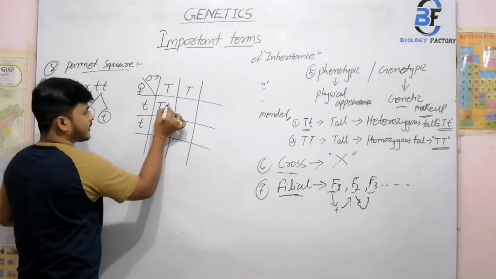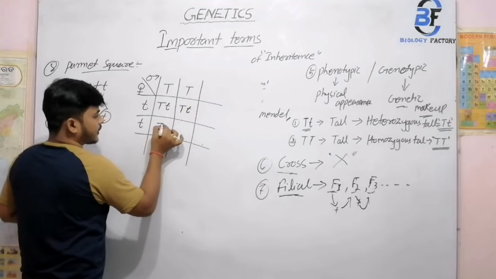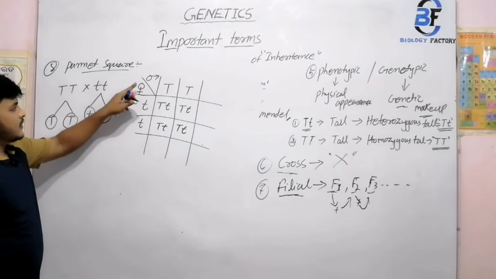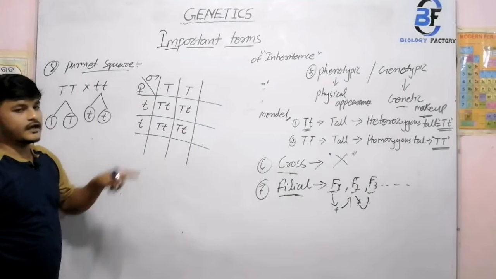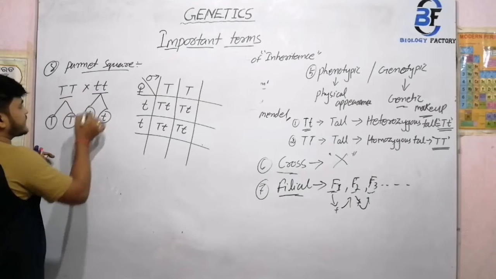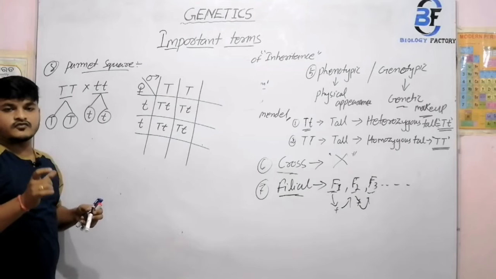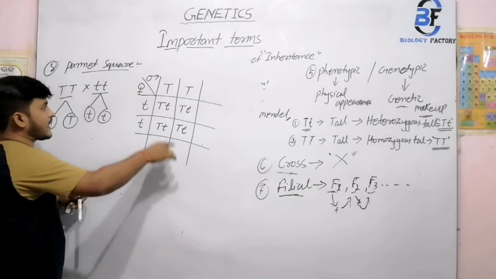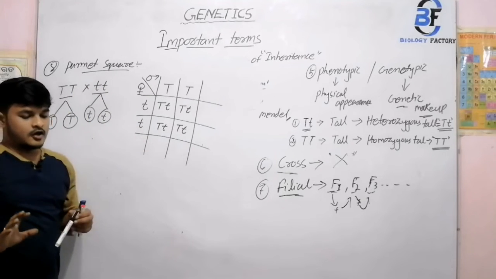Here we get capital T small t, and in every box we get the same answer: capital T small t, capital T small t. So we plot a Punnett square, and after crossing we get the resultant. The checkerboard type of chart is known as a Punnett square.